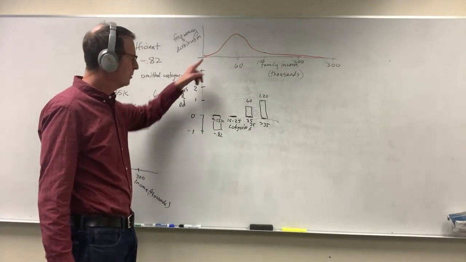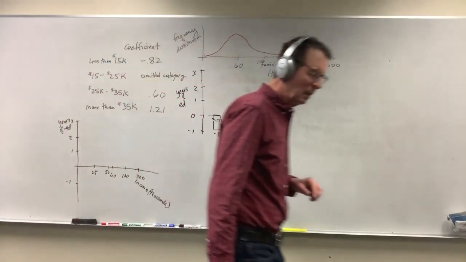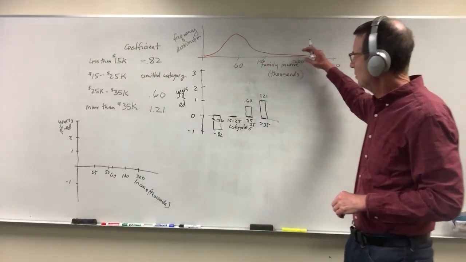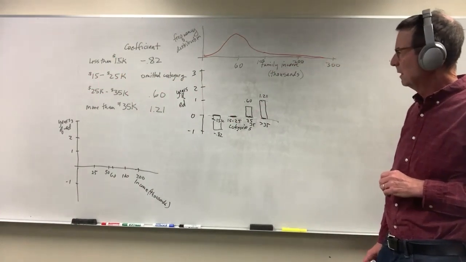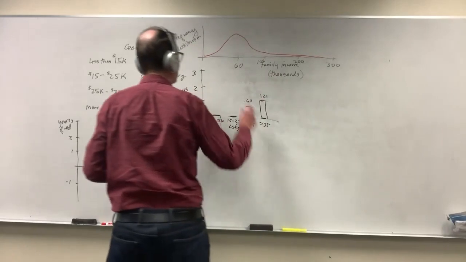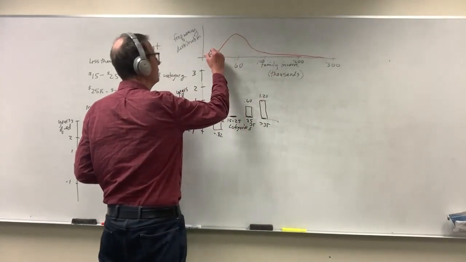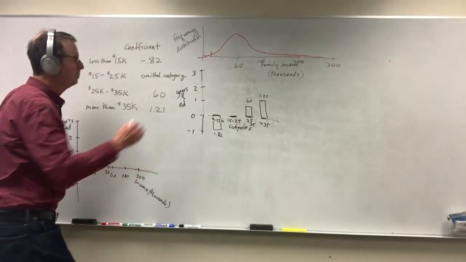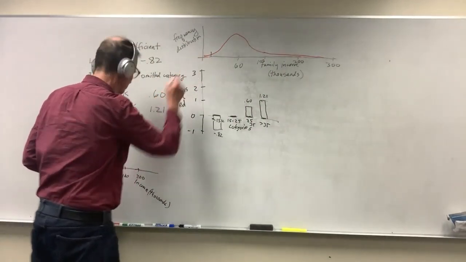If you think about an income distribution, it's kind of a normal curve. It's actually a log normal curve because there's a very fat right-hand tail. So the people less than 15,000 is going to be something like the average of these people on the curve.